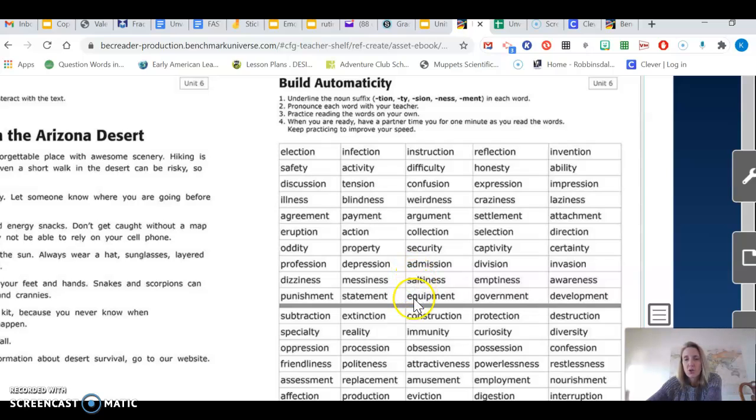saltiness, equipment, reflection, honesty, expression, craziness, settlement, selection, captivity, division, emptiness, government, invention, ability, impression, laziness, attachment, direction, certainty, invasion, awareness, development.